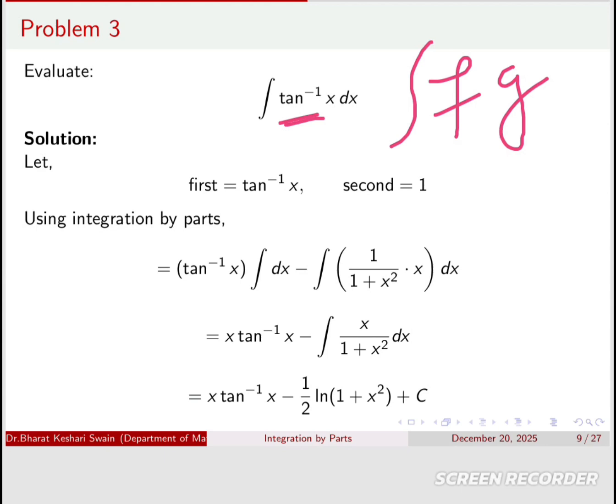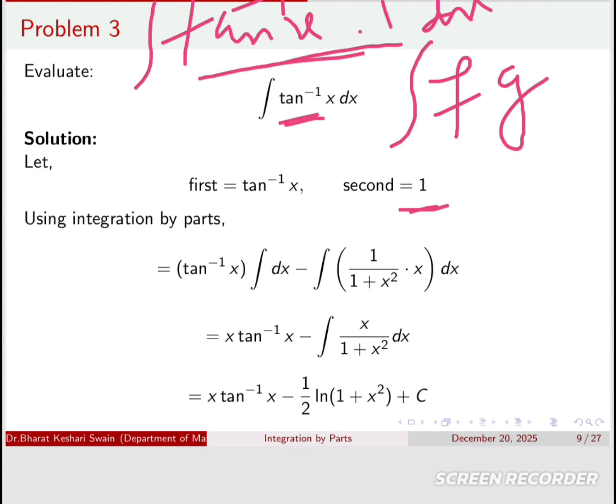So to use by parts here, we have to take 1 as the second function, because tan inverse x can be written as tan inverse x into 1 dx. Is it not? So this can be written as integration of tan inverse x into 1.